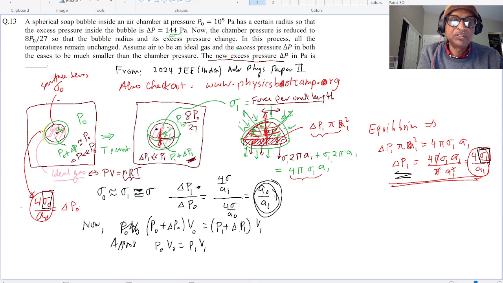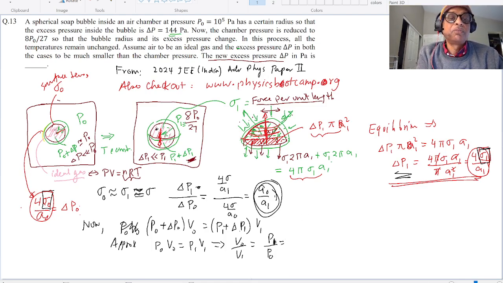I only need the ratio of this. So V0 over V1 is P1 over P0, and P1 over P0 is given. So it is 8 over 27.